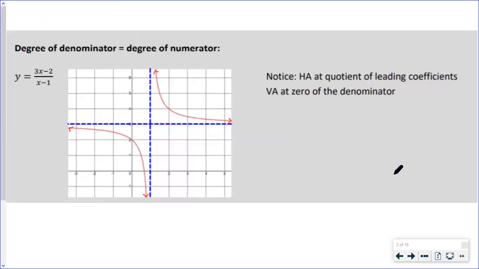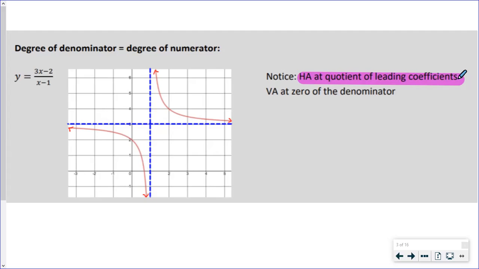The next scenario is quite a simple one. It's when the degree of the denominator is equal to the degree of the numerator. At this point, the vertical asymptote is still the zero of the denominator. So because I have x minus 1 in the denominator, I can expect a vertical asymptote at x equal to positive 1. But here we're going to really discuss the horizontal asymptote. We have to take the quotient of the leading coefficients.